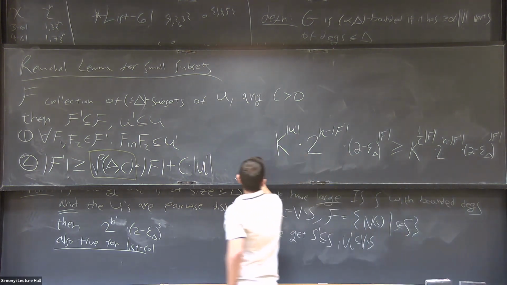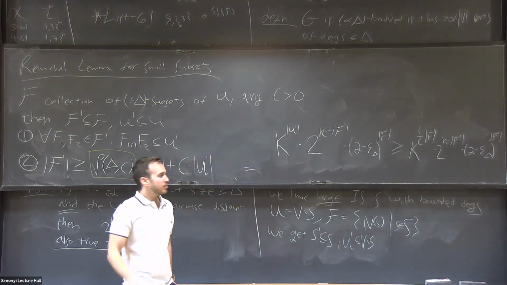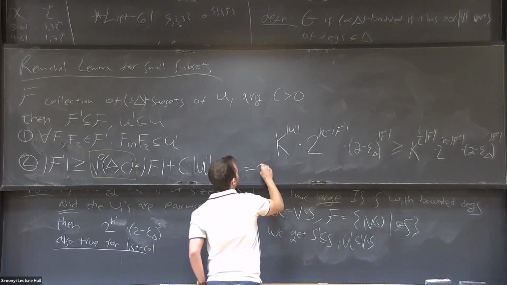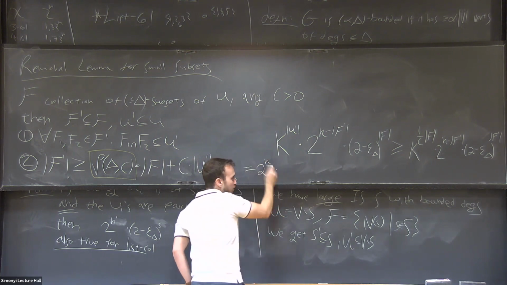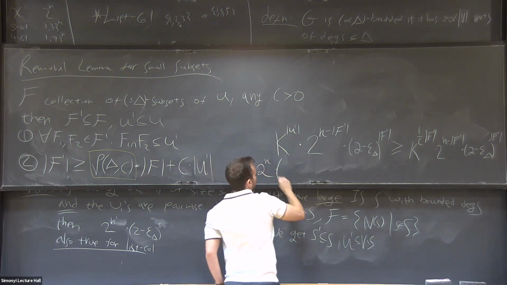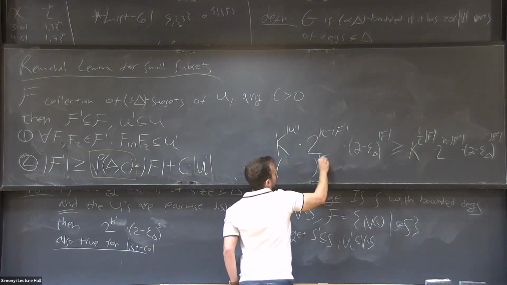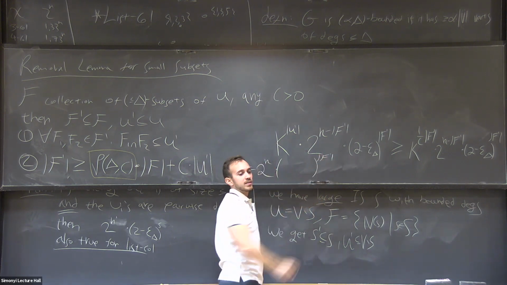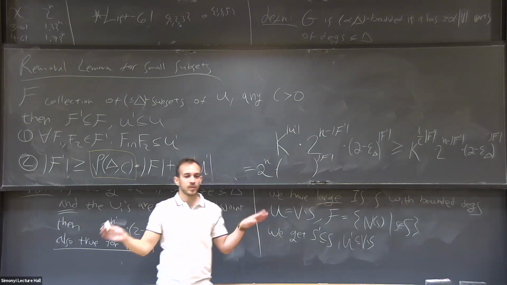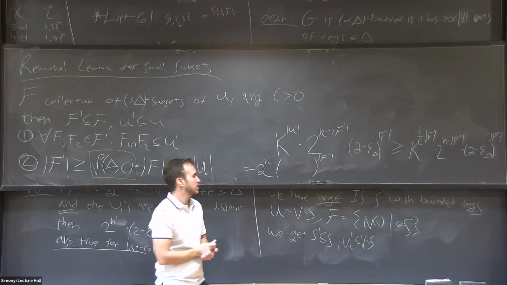And if I just group everything that has F prime in it, what I'm getting is the regular running time 2 to the N times something to the power of F prime, but this is linear in N, regardless of what C I pick, as long as it is a constant.